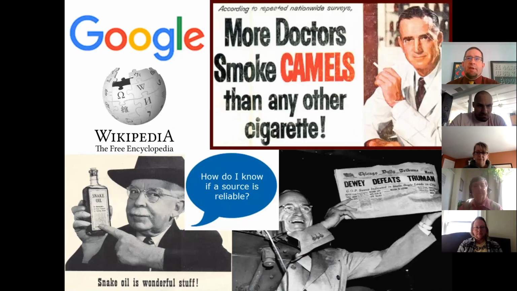So let's look at some of these skills. So when given primary sources, the first thing we talked about again on Tuesday was the idea of sourcing a document. You have to know where it's coming from. So I've got some great pieces in here. I love when people make fun of, oh, do you remember when they used to say doctors endorse smoking or whatever? They never said that. More doctors smoke Camels than any other cigarette.